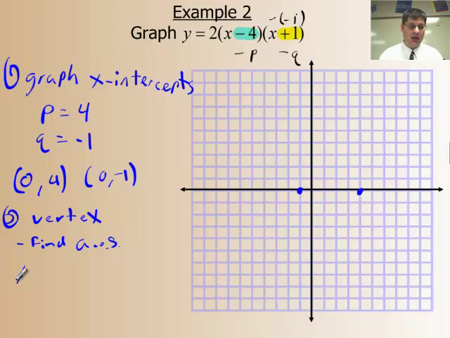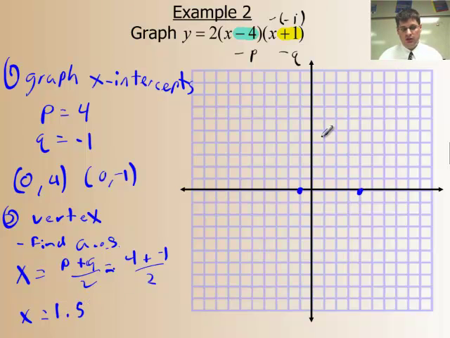So it's x equals, remember it's a vertical line, p plus q divided by 2. So p, which is 4, plus negative 1, divided by 2. So 4 plus negative 1 is 3, and then divide that by 2, so it's going to be 3 halves, or 1.5, the equation of that.